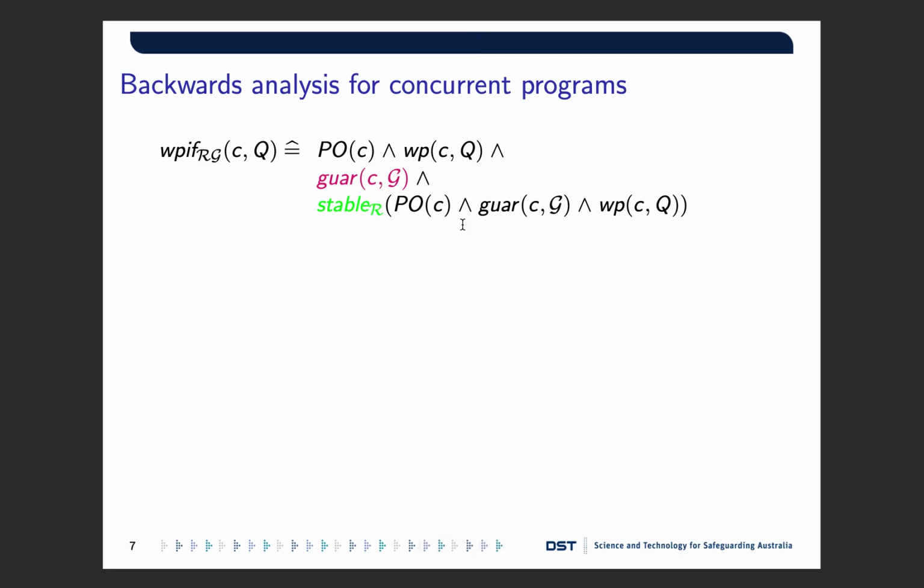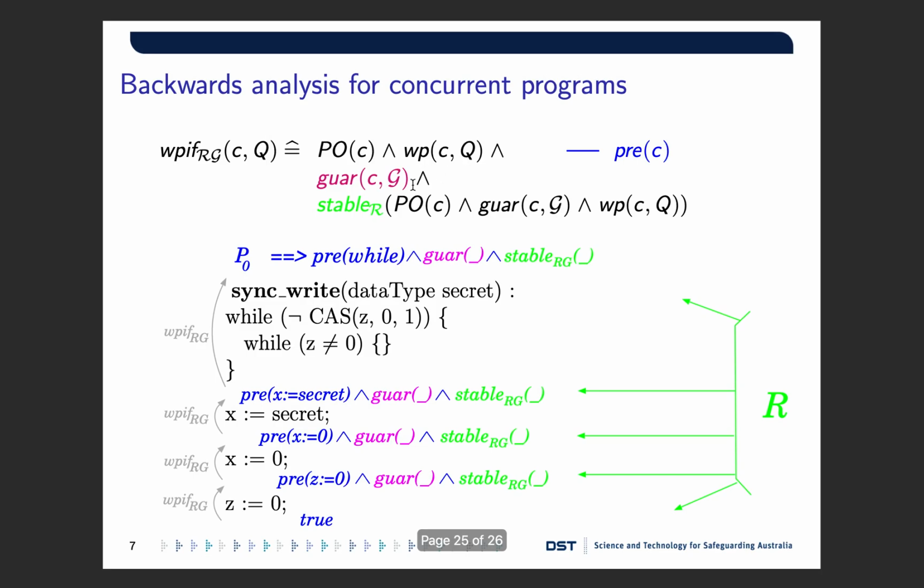If we do the same analysis for concurrent programs, we furthermore have to check that each instruction satisfies the guarantee G, and also that the whole predicate gathered so far is stable under the rely condition. So what does it look like if we term the first conjunct as pre?